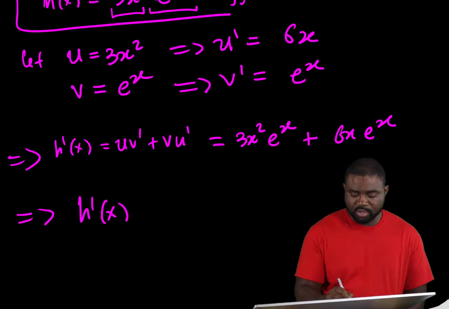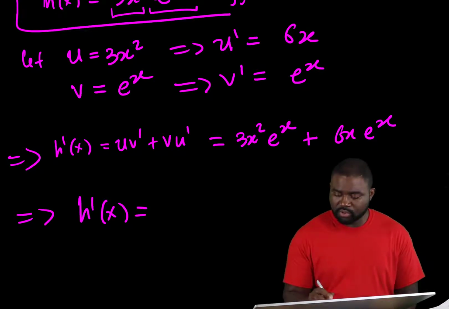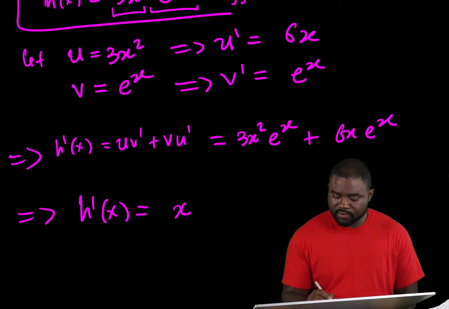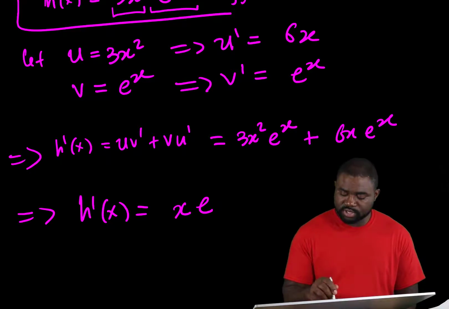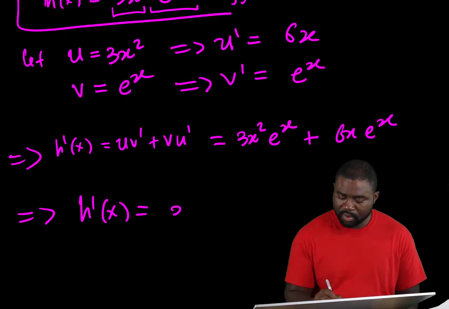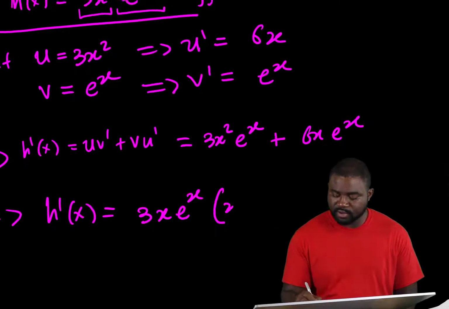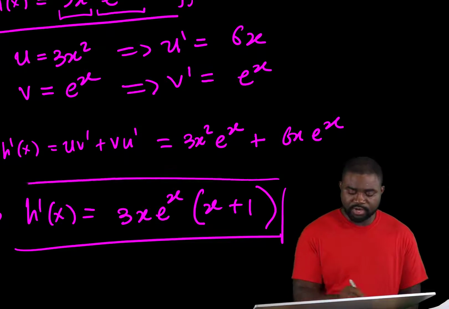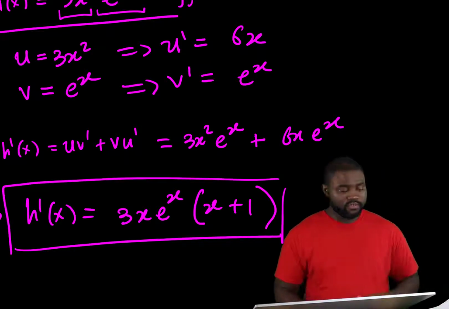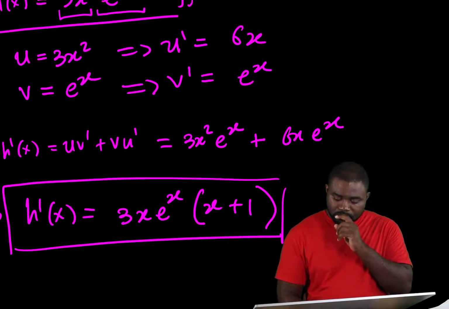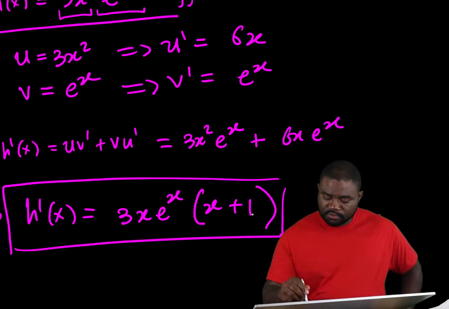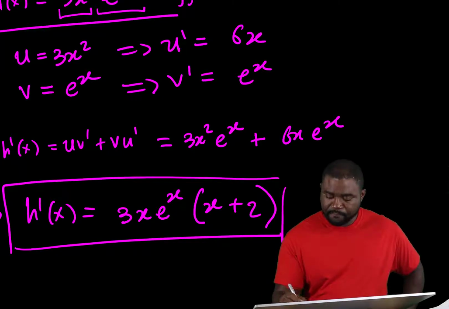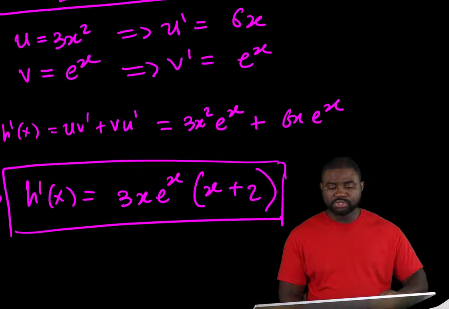H prime of x will be equal to, well, we could take out 3x e raised to the power x bracket x plus 2. And this right here, my friend, is the solution to our problem. Sorry, this is 2, not 1. It's the solution to our problem.